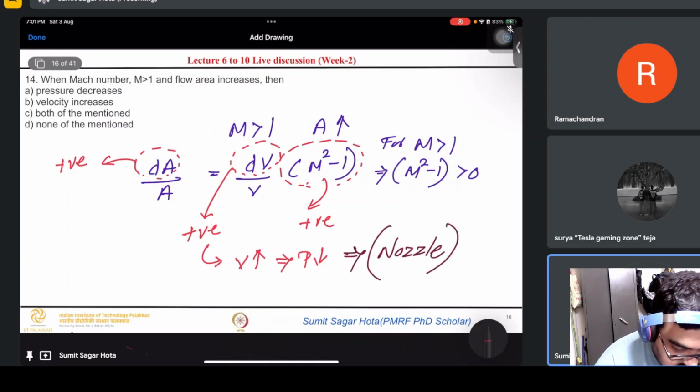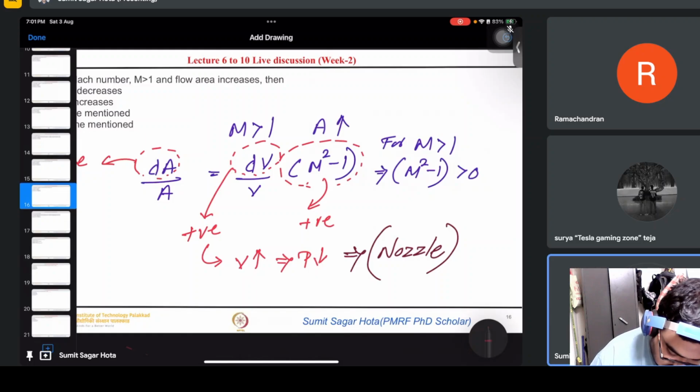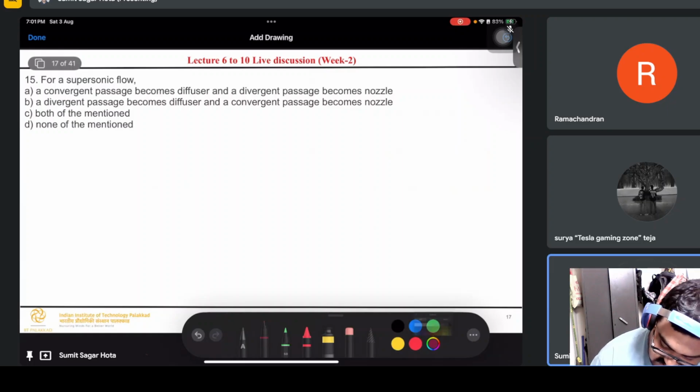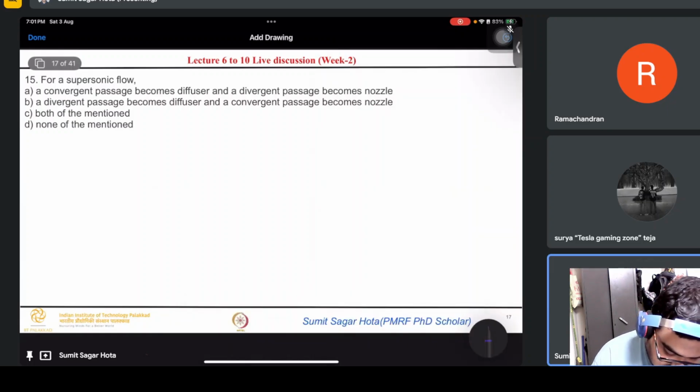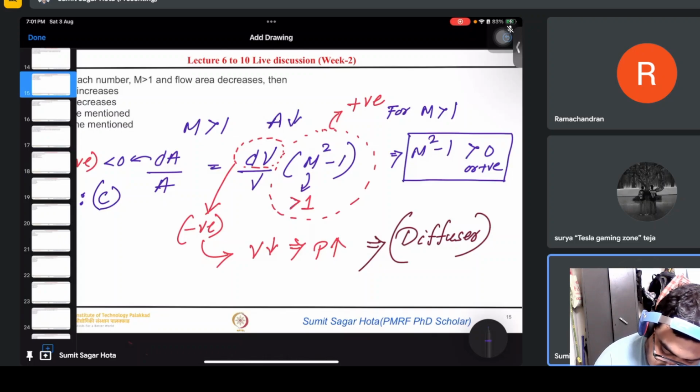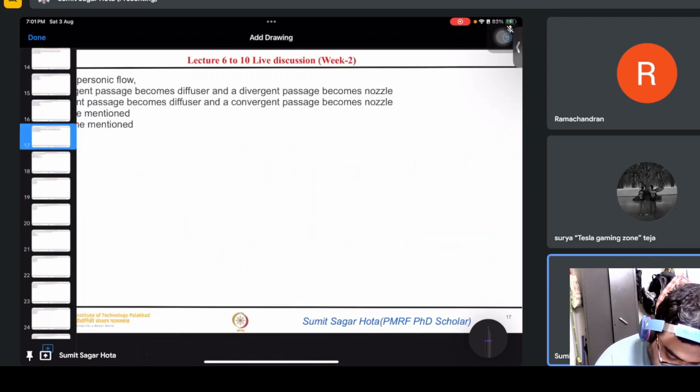So basically it is the same question, but now the answer will be different. For a supersonic flow, the convergent passage becomes a diffuser, exactly, because velocity is decreasing in the convergent passage, which means a diffuser in supersonic flow.